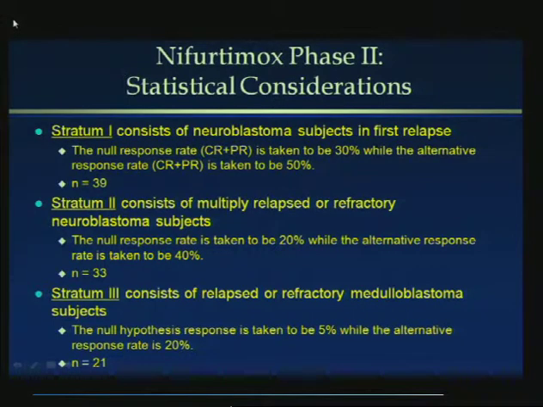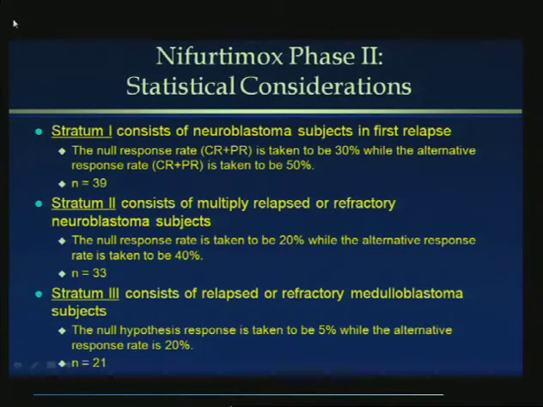This is the statistical design, and there are three strata on the trial. The first is for neuroblastoma patients in first relapse, so those coming off frontline therapy. The second for patients with multiply relapsed neuroblastoma, and then the third stratum for medulloblastoma.